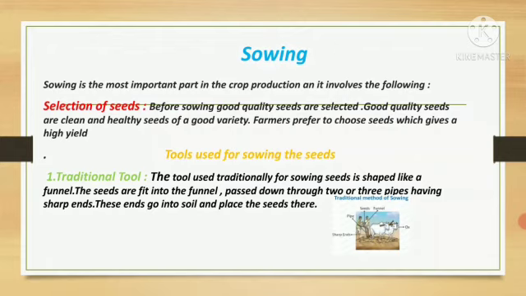These ends go into the soil and place the seeds there. So the traditional tool is in the shape of a funnel and it helps in the sowing of the seeds. The seeds enter the soil through the pipes. In this way, with the help of this method, we can sow the seeds. Students, in the picture you can see the traditional tool. It is shown in the picture.